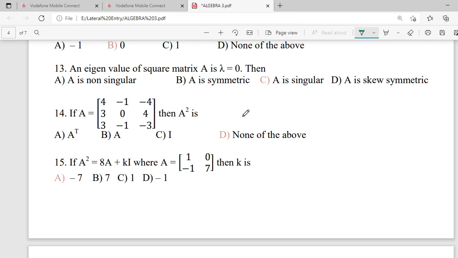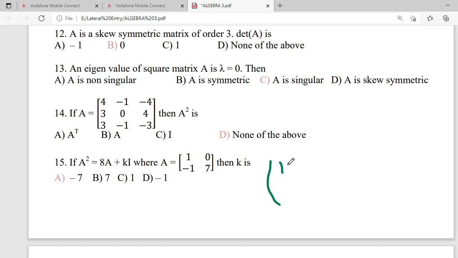A is the matrix 1, 0, minus 1, 7. A squared is A into A: 1, 0, minus 1, 7 times 1, 0, minus 1, 7.